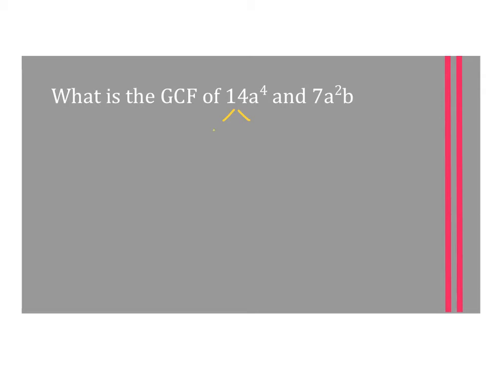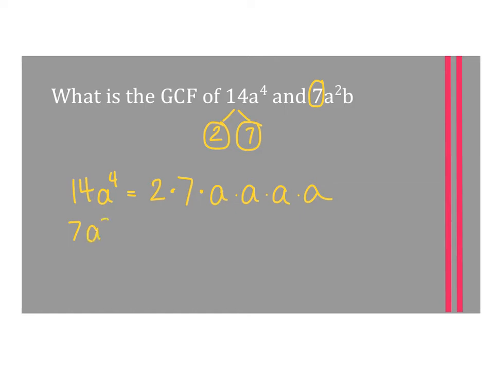Okay, so 14 breaks into 2 times 7, and I circle my prime numbers. They're both prime, so that factor tree is done. For this one, 7 is a prime number, so I don't really need to do a tree for this one. And then I list out my prime factors. 14a to the fourth is equal to 2 times 7 times a times a times a times a, whereas 7a squared b is equal to 7 times a times a times b.